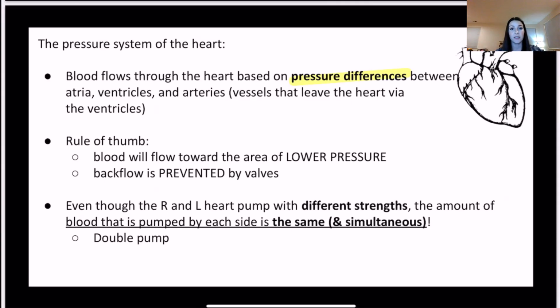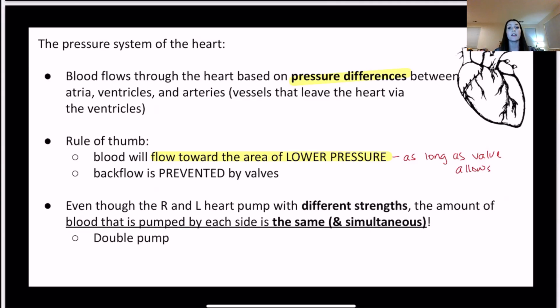Those pressure differences open the valves, right? And so I always remember that blood is always going to flow to the area of low pressure. Wherever the pressure is lower, that's where the blood will want to go, as long as the valve will allow it. So I'm going to write that in my notes here too. As long as the valve allows.